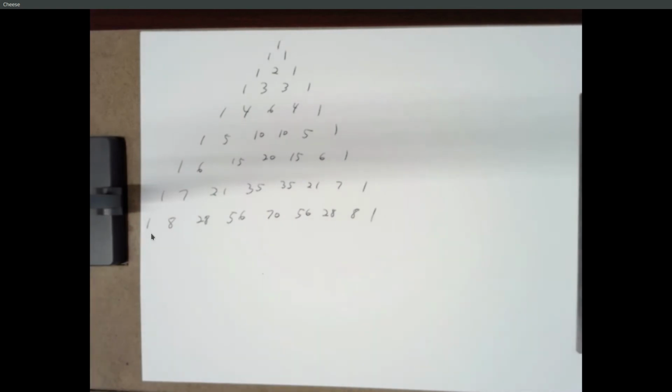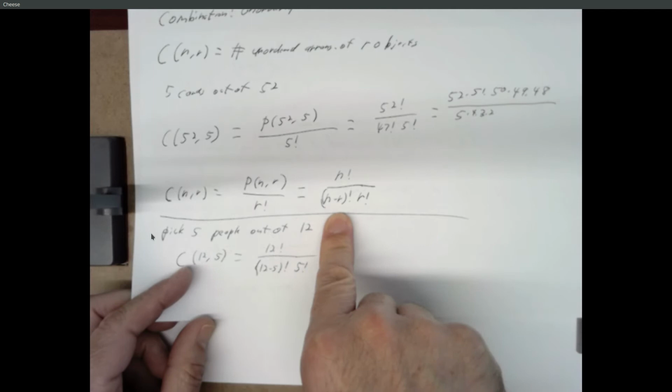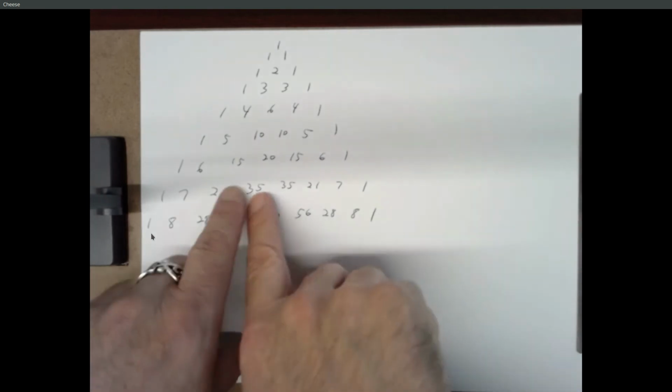But I'll stop there. And what I've written down are, in fact, these big factorial formulas, n factorial over n minus r factorial times r factorial. Guaranteed it's going to give me these values. But I can get it by just adding the numbers above in each row.